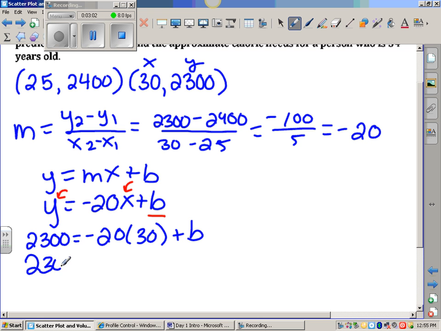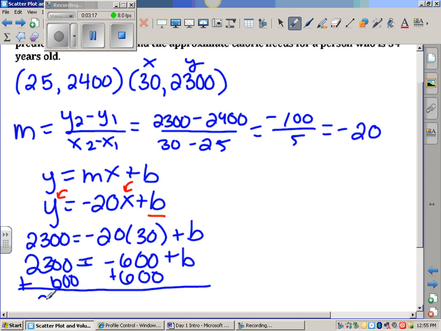You've got 2,300 equals negative 600 plus b. The way you move a negative 600 to the other side is by adding it, your inverse operations. And you get 2,900 equals b. Now you put it together to make your standard linear equation.